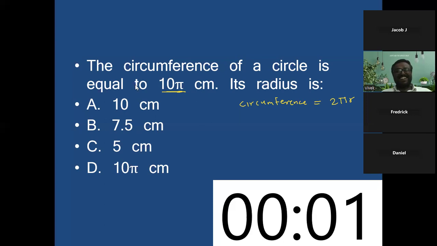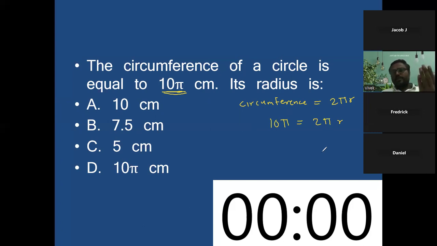Explain. That was not an answer. Jacob said explain. Okay. So here we go, guys. Circumference is nothing but equal to, what are they saying? 10 pi. And what does the formula say? It is equal to 2 pi r.